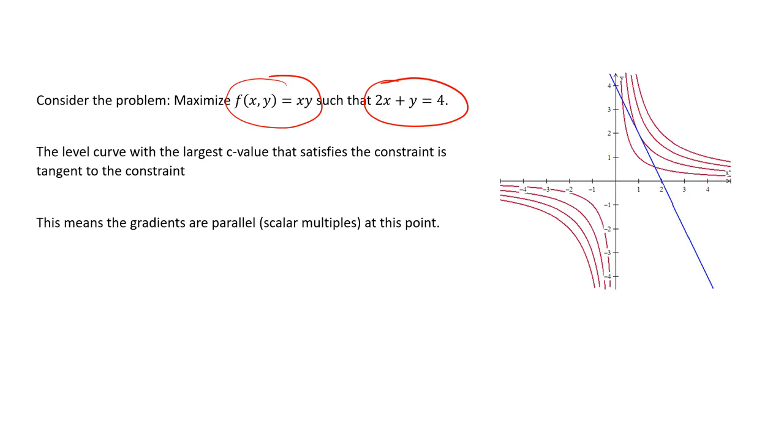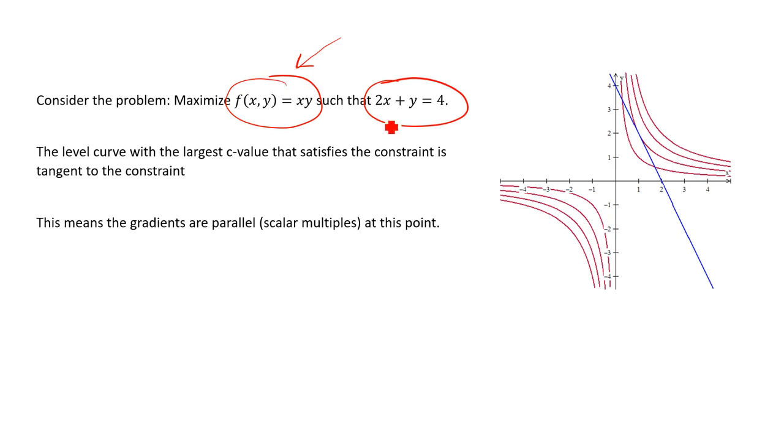One way that we can think about this problem is I can graph my multivariate function by creating a contour map or level curves, and that's what I've done in red here. The red lines on my image are level curves for my multivariate function.